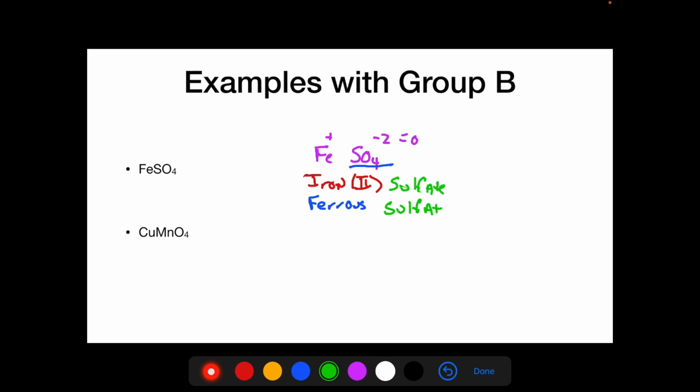Now if we look at our second sample here, MnO4 has a -1 charge. So if my overall charge has to be equal to 0, then copper must have a +1 charge. So copper with a +1 charge is called copper 1, or it can also be called cuprous.